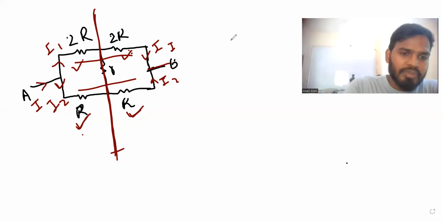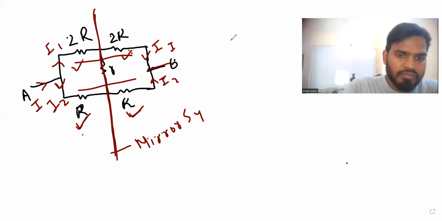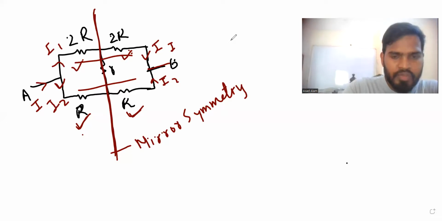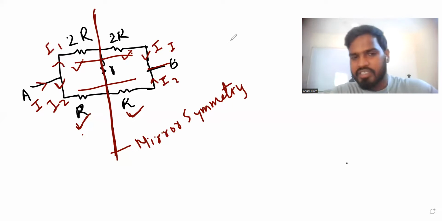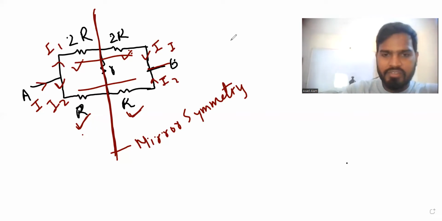So this type of symmetry is known as mirror symmetry. Got it? Another type of symmetry is also there.